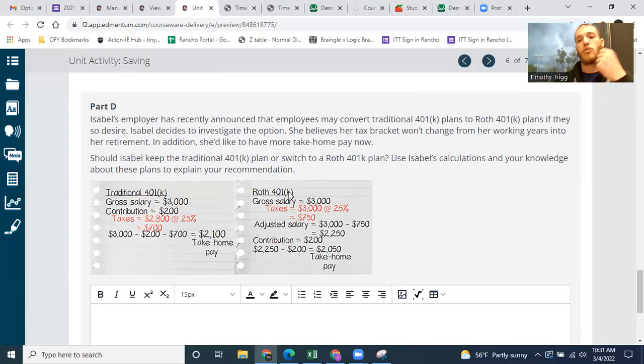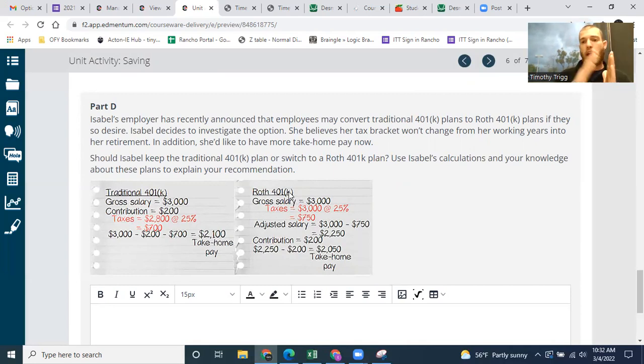Now, when you put money into a retirement account of any type, basically that retirement account grows as your investments grow. Generally, it's following the stock market. And as the stock market grows over time, your contributions grow as well in your retirement account. This goes for both a traditional and a Roth.